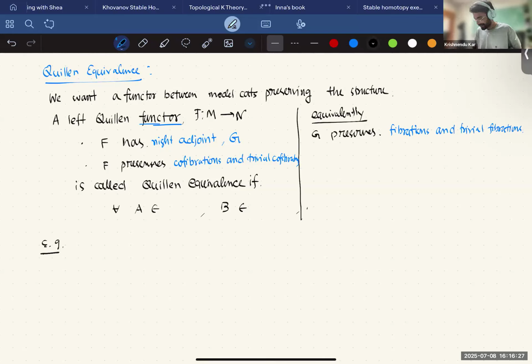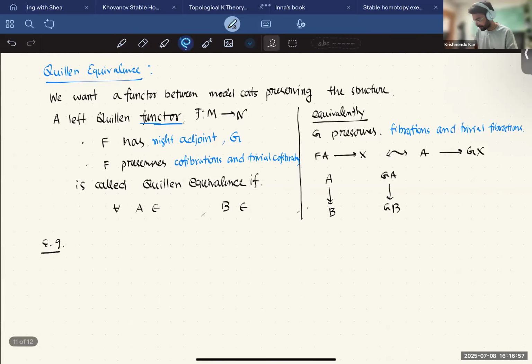How? Let's look at how. What does the adjunction mean? A map from FA to X corresponds to a map from A to GX, right? So what do you want to show? If I start with a fibration A to B, apply G, I want GA to GB to be a fibration.